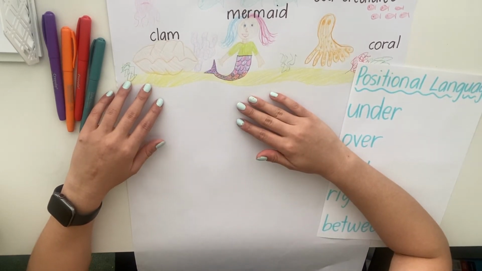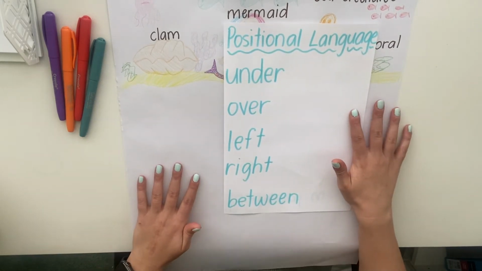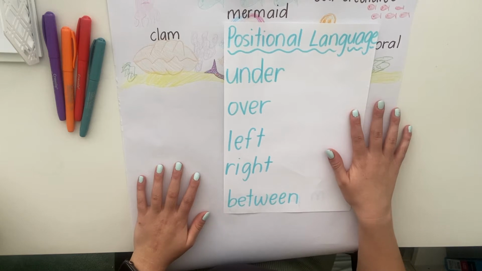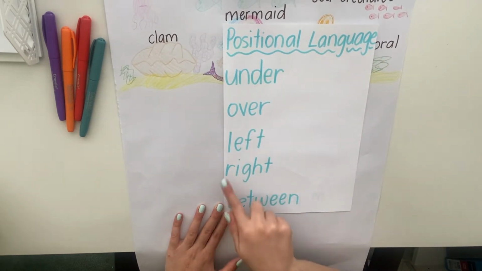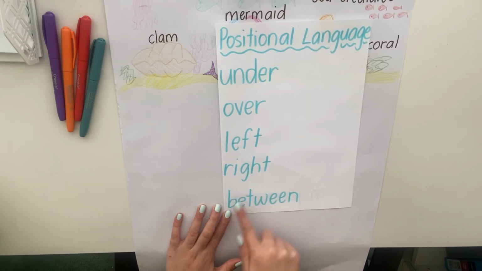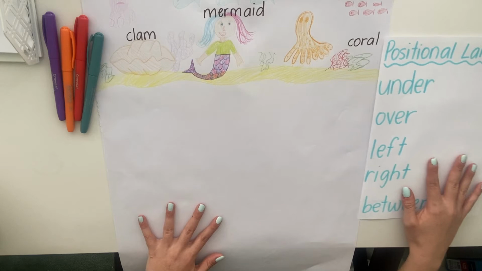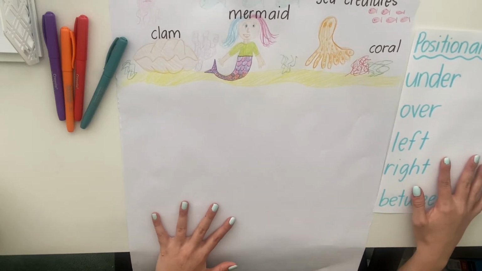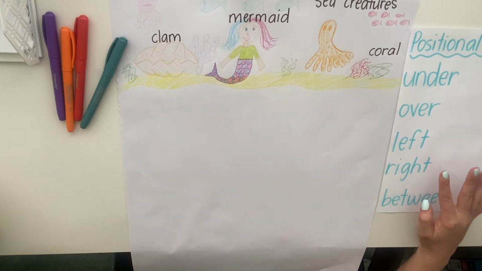It gives a better picture in their mind. So I brainstormed some words that we did in Rosie's walk in that lesson. Under, over, left, right, between. So I'm going to put these to the side, and then we could use these in our writing to help describe what's going on in the story or in my writing.